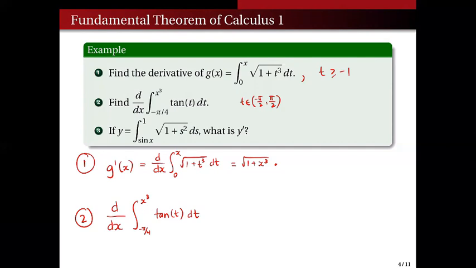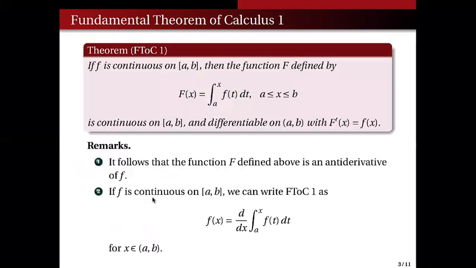So what is now the derivative of this function? What you're going to do is replace the t by the upper limit here, so this becomes tangent of x cubed. But this is x cubed, and in our theorem we should only have x.